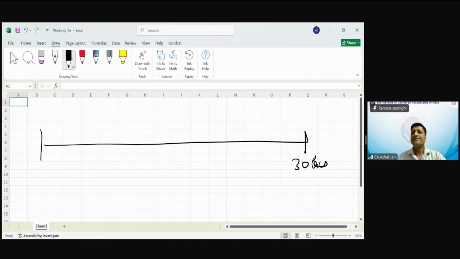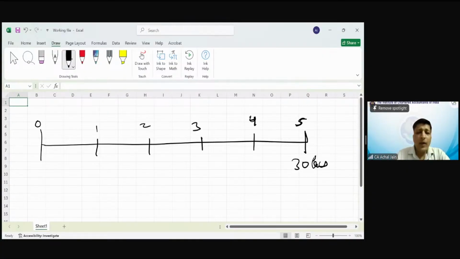Correct? Okay. This 30 lakhs is the future value. Yes or no? This 30 lakhs is the future value. So this is 5th year, this is 4th year, this is 3rd year, this is 2nd year, this is 1st year, and we are here today.